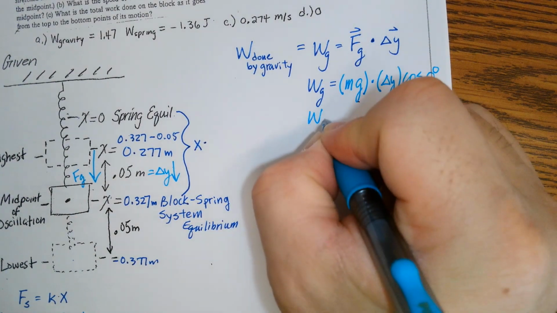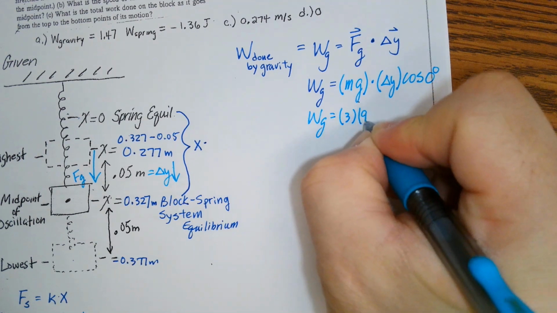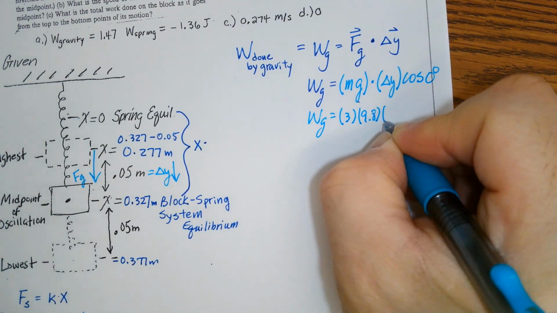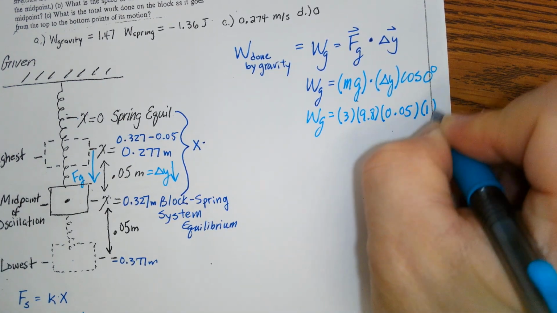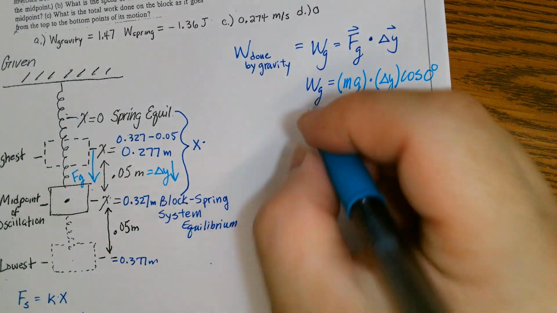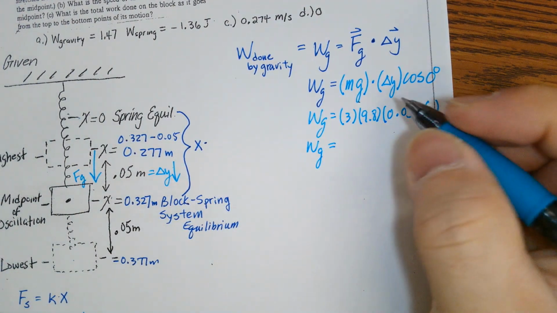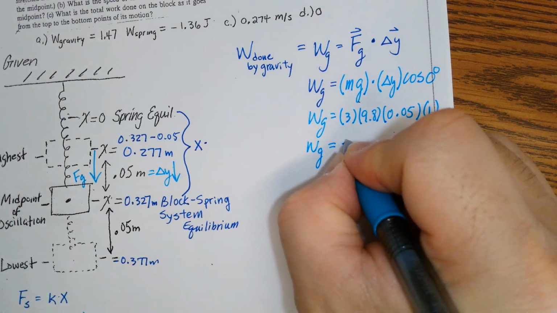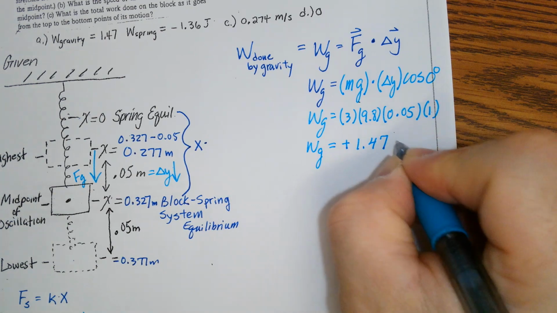So my work done by gravity is equal to 3 times 9.8 times 0.05 times 1. So work done by gravity should come out to positive 1.47 joules.